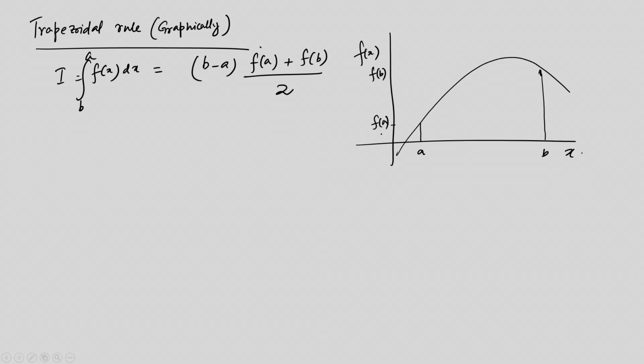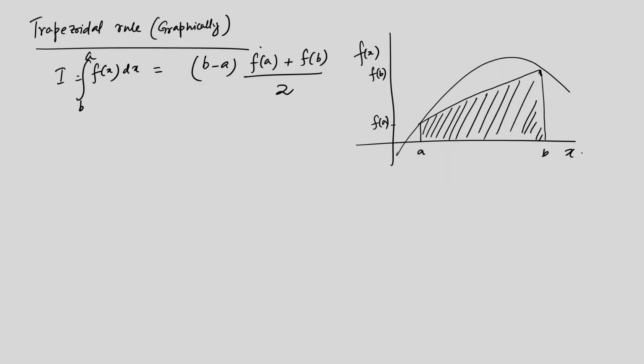So we are replacing this curve by a simple trapezoid, and by using the trapezoidal rule we are calculating the area of this trapezoid, which is shaded here. Basically this curve has been approximated by a straight line, and then we are calculating the area of the trapezoid.